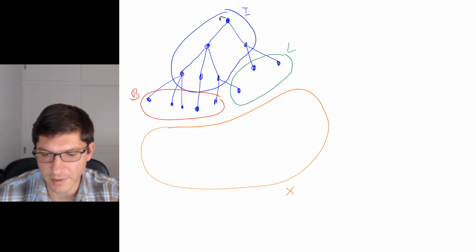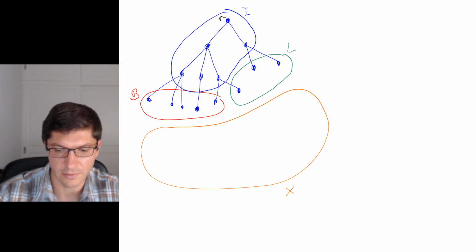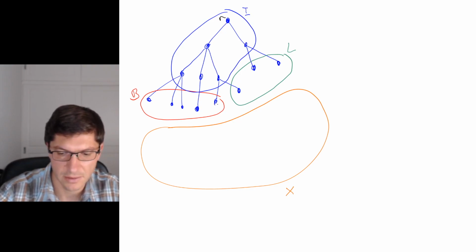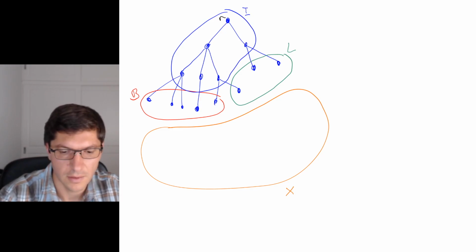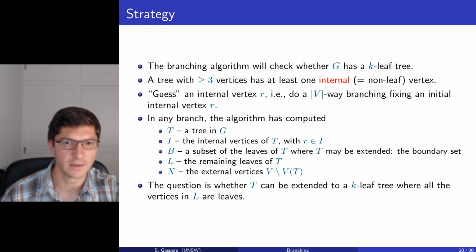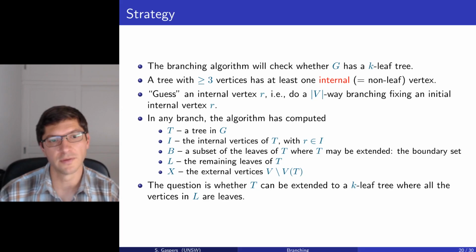We have the set L, and we are not allowed to add any more edges to the tree that start from L. But we will extend the tree at the vertices in B to reach some of the external vertices, like this. Okay, so that's our setup, and now the question is whether this tree T can be extended into a k-leaf tree where all the vertices in L remain leaves.